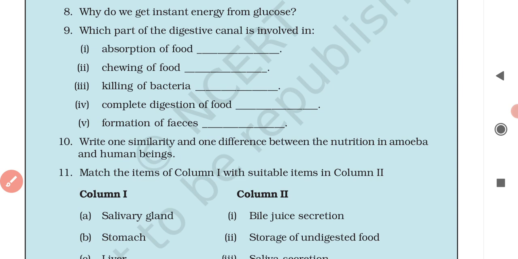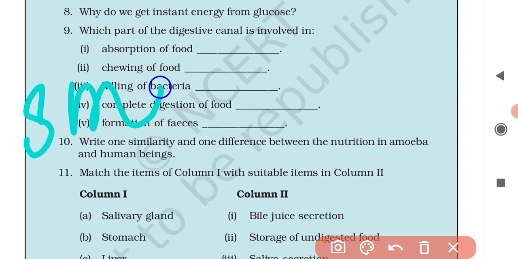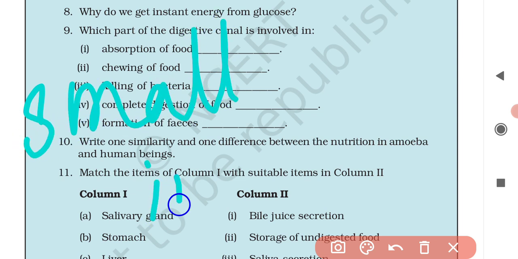Next. Complete digestion of food. Which part of the digestive canal is involved in complete digestion of food? Where does the complete digestion of food take place? It takes place in the small intestine.